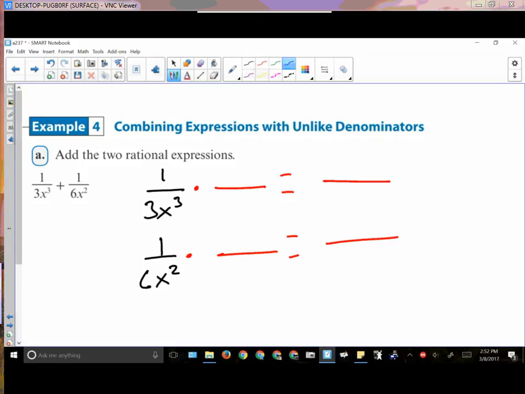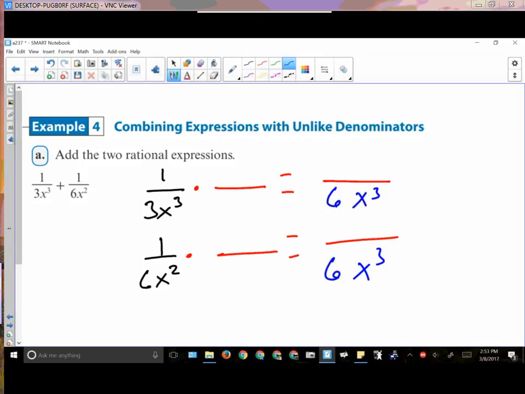Now, what should the common denominator be for 3 and 6? 6. Yeah. So I need to have a 6. How many x's do I have? 3 in one term. So I need x cubed. And I've got x squared there, so I don't need anything else.